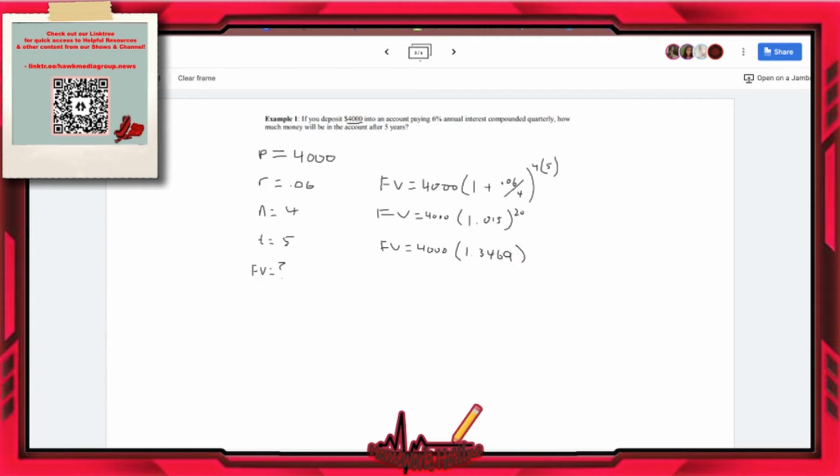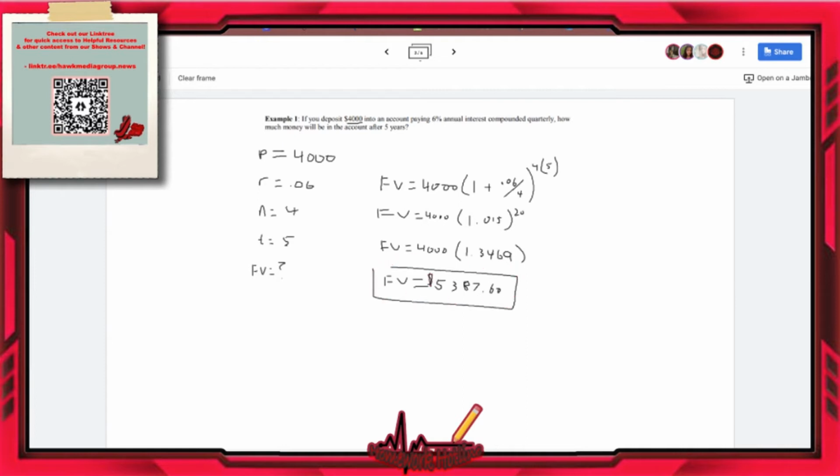And now we do 1.3469 times 4,000. And that gets your future value of 5,387.6. In this case, you can just keep the 0 at the end for 60 cents because it's really in dollars. And that's the answer to the first question.